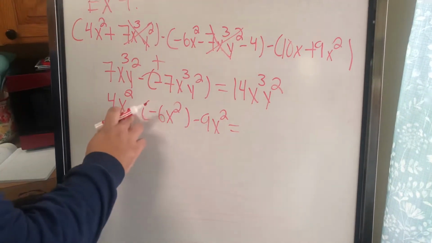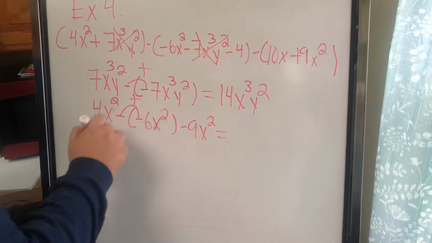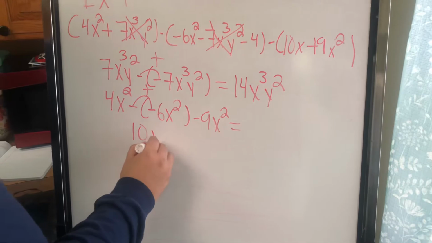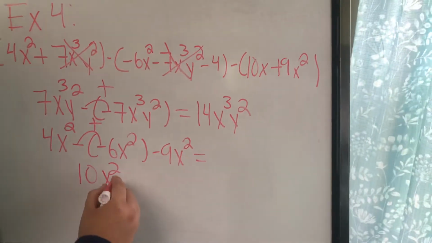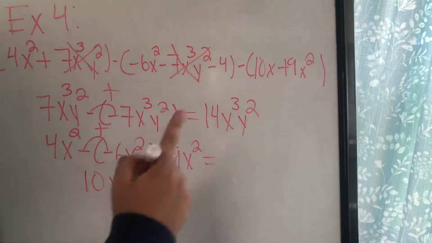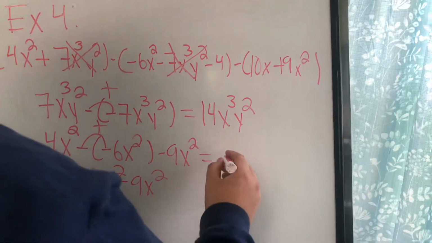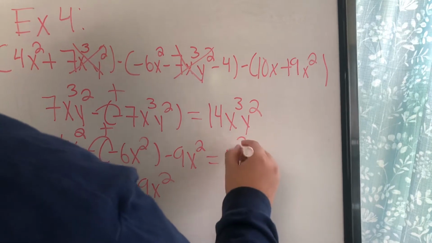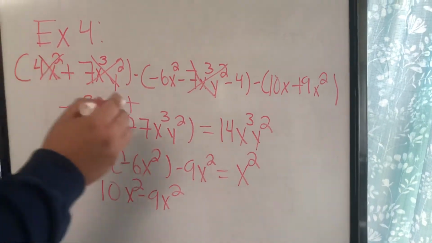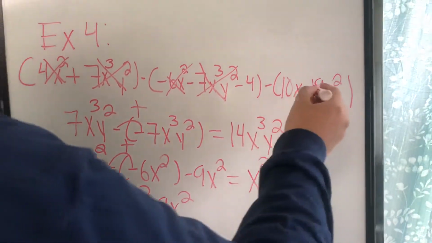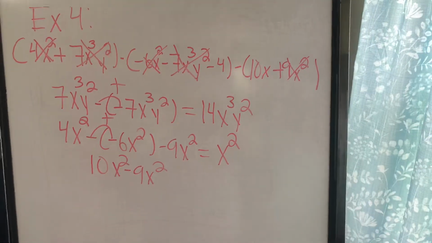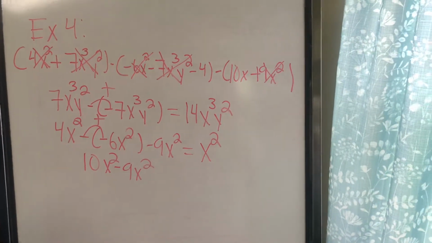Two negatives give you a positive, so 4 plus 6, that's 10x squared. Then I drop the minus 9x squared. 10 minus 9 is 1. So you can write it as 1x squared or x squared. Either way, same difference. So this goes away, and this goes away.